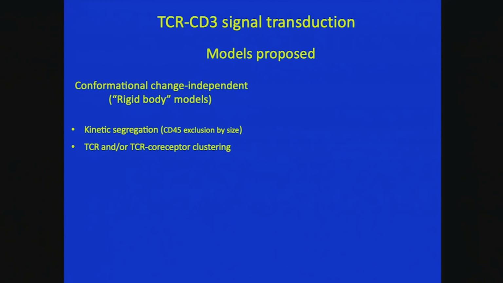And so at that time, the models proposed to explain how the T-cell receptor went from binding to activation were of two types. They were fighting with each other. One is conformational change independent, which I call a rigid body model. So essentially, the T-cell receptor is a bit stupid. It doesn't do anything, and it is dependent on other events.